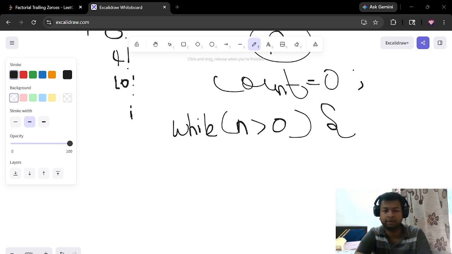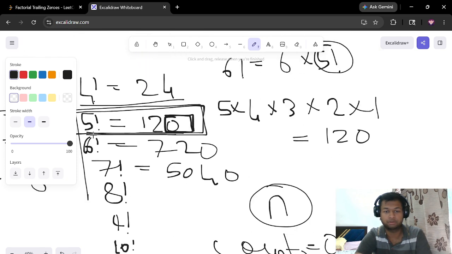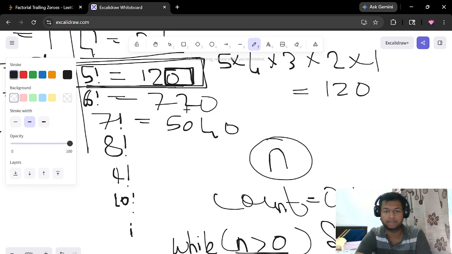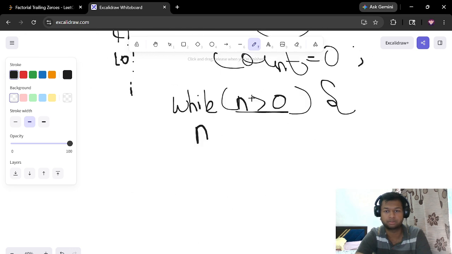If n is greater than 0, then comes an important step. Since from 5 the 0 starts coming at the very last, and there will be at least one 0 going up to infinity, we do n equals n divided by 5.